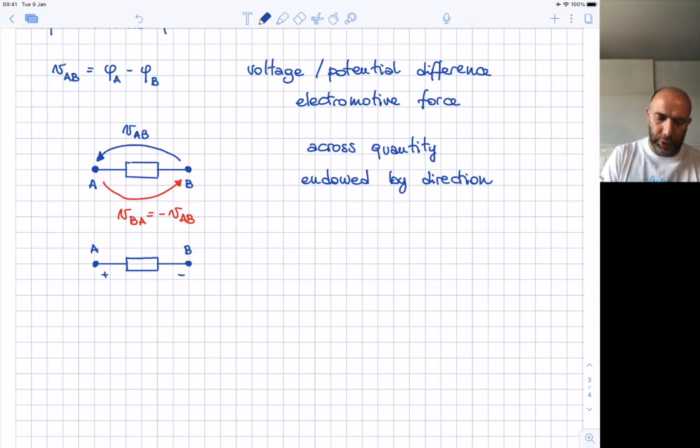So this voltage is voltage V_AB. The first notation is mostly used in Europe, while the second notation is usually used in the US.